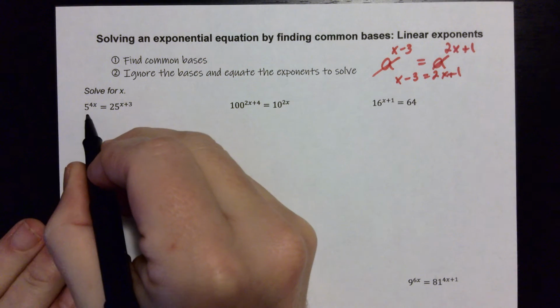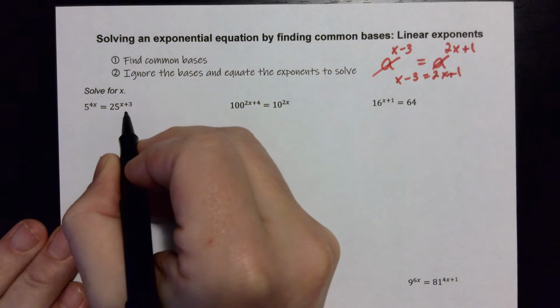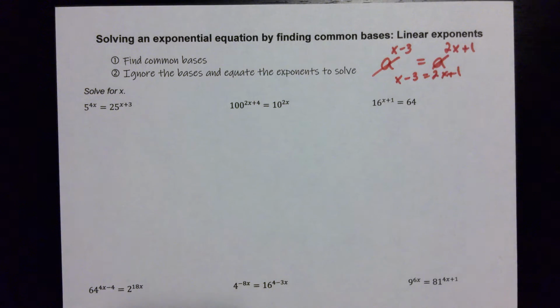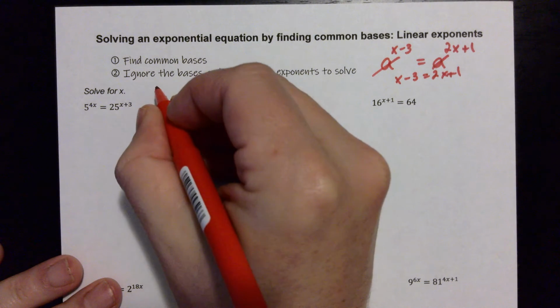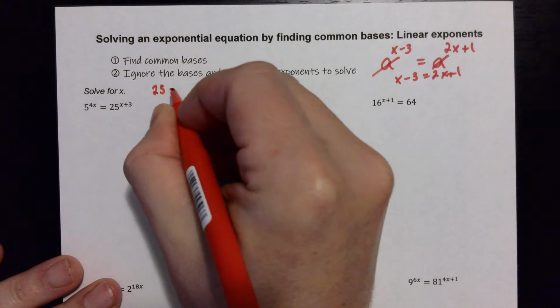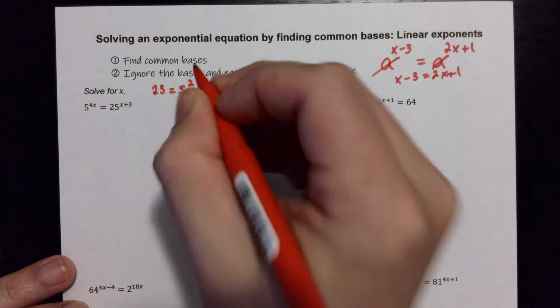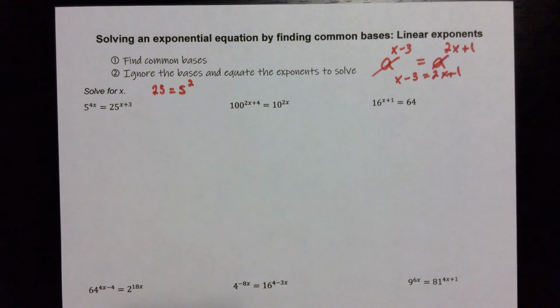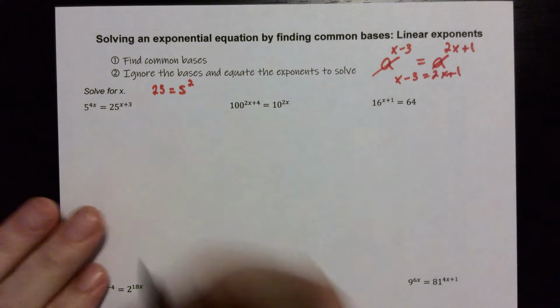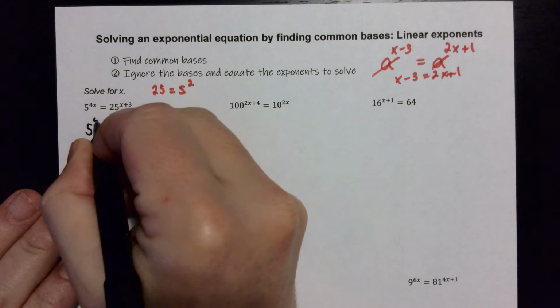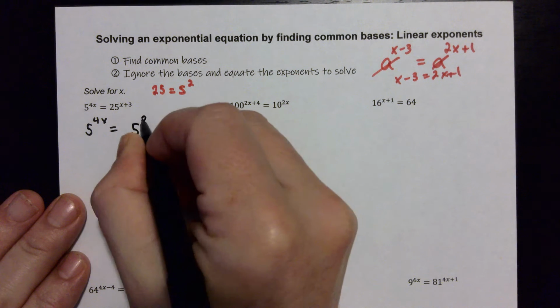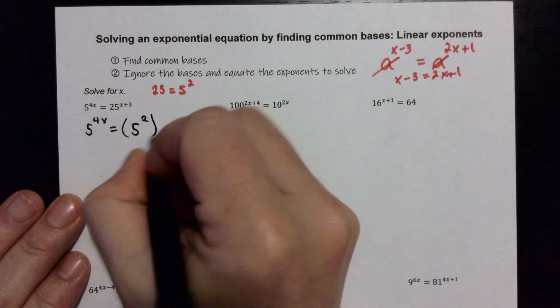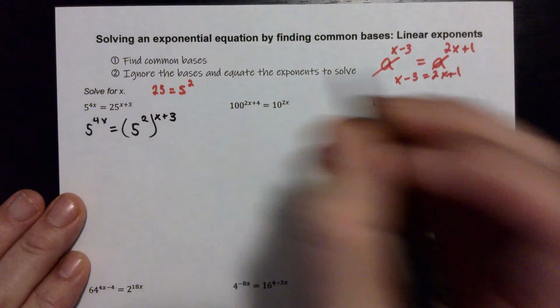We've got 5 to the negative 4x equals 25 to the x plus 3. These are different bases, but I know that 25 can be written as 5 squared. So I'm going to write it that way, and that will give me 5 to the 4x on the left, and then 5 squared to the power of x plus 3.